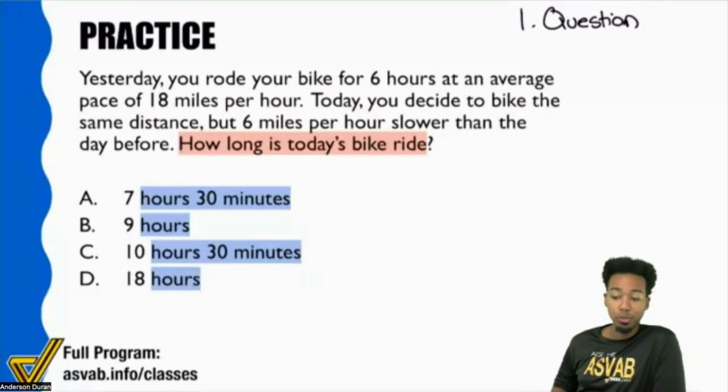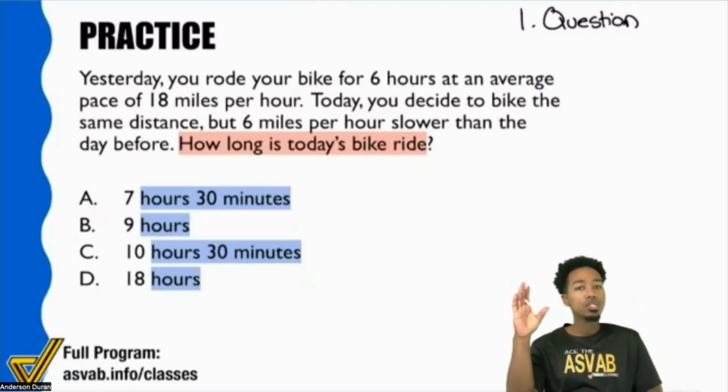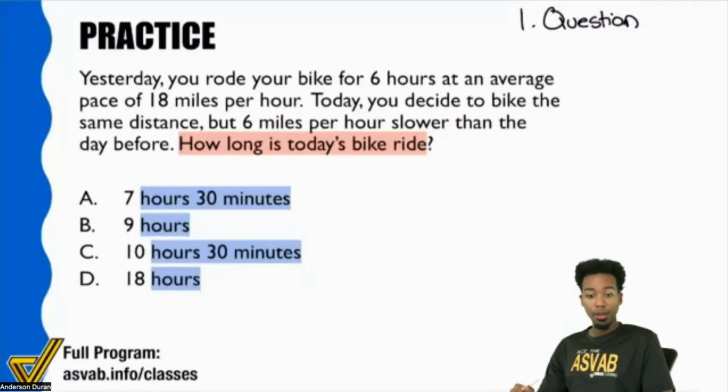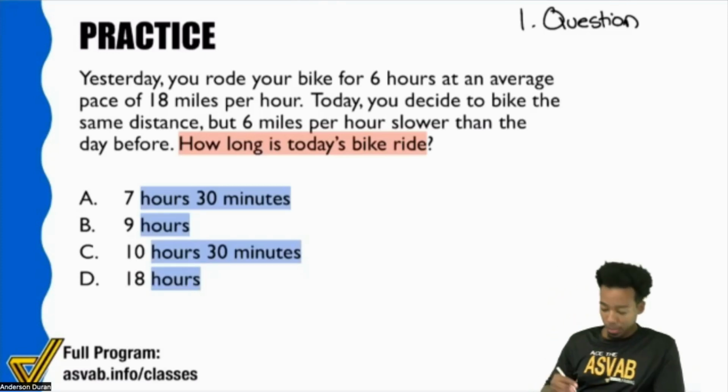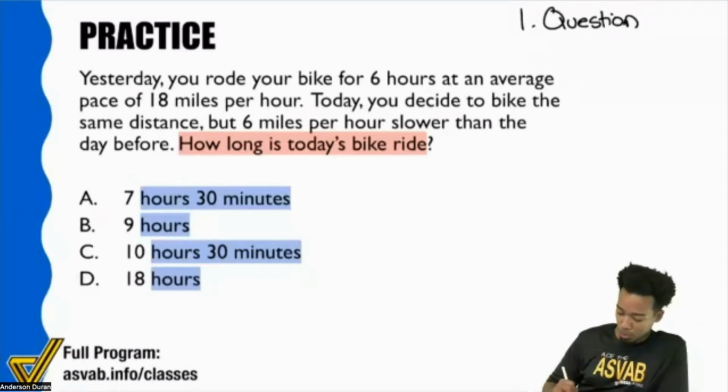Every single one of them. So if you said distance, you might be thinking distance, you might be thinking time, but if you look at the answer choices, that gives away it's time. So you're looking for time. Do we agree now, looking at the answer choices, that we want time?